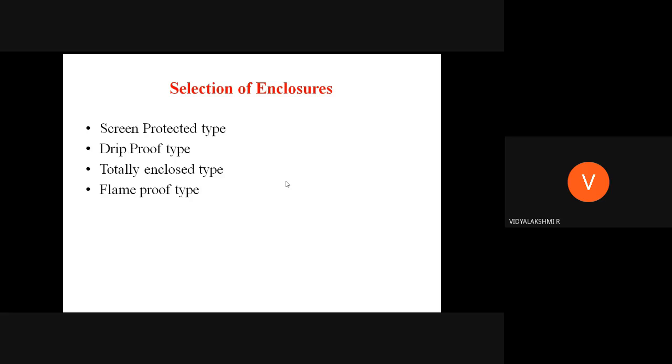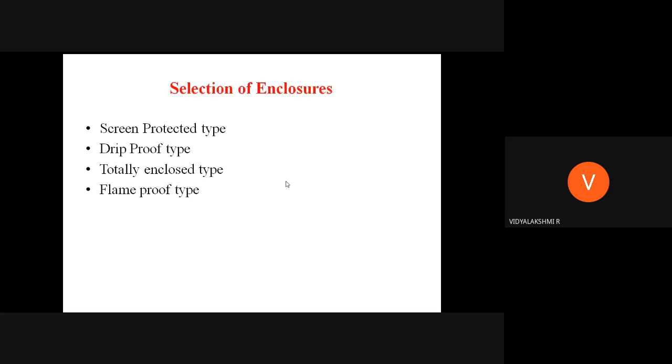The next one is the drip proof type. Drip proof is for when the atmosphere is damp or submerged. For example, if I am going to submerge my motor at a riverside, I can use the drip proof type. The drip proof enclosure is used for a submerged motor. It has a watertight connection at the entrance, and the body is made of rust resistant material.